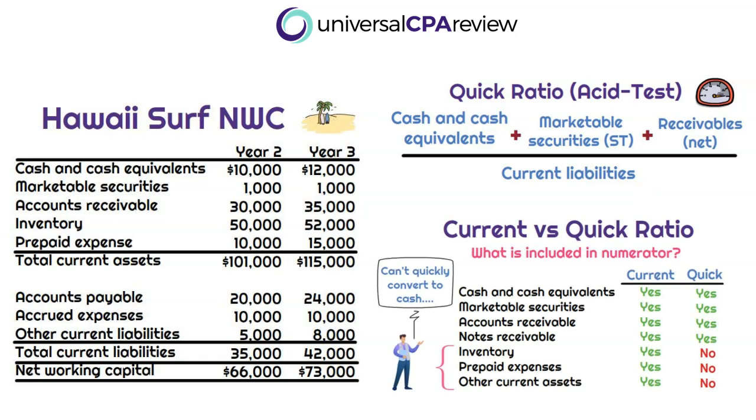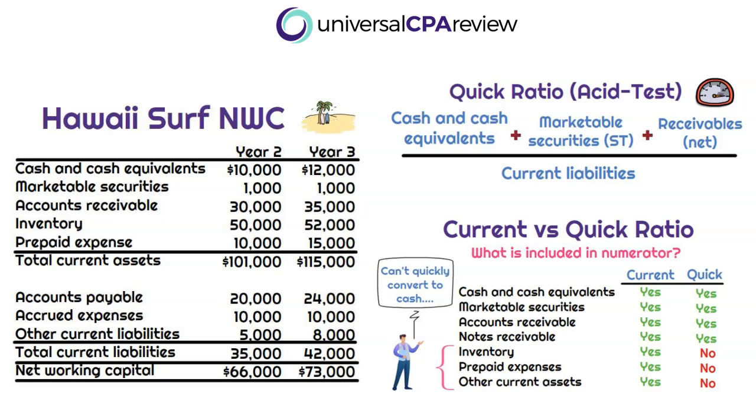So when we think about what is the key difference between this and the current ratio, well, you'll notice it excludes certain current assets like inventory and prepaid expenses. And why do we do that? Well, a company cannot convert inventory or prepaid expenses into cash as quickly as they can these 3 items, right?